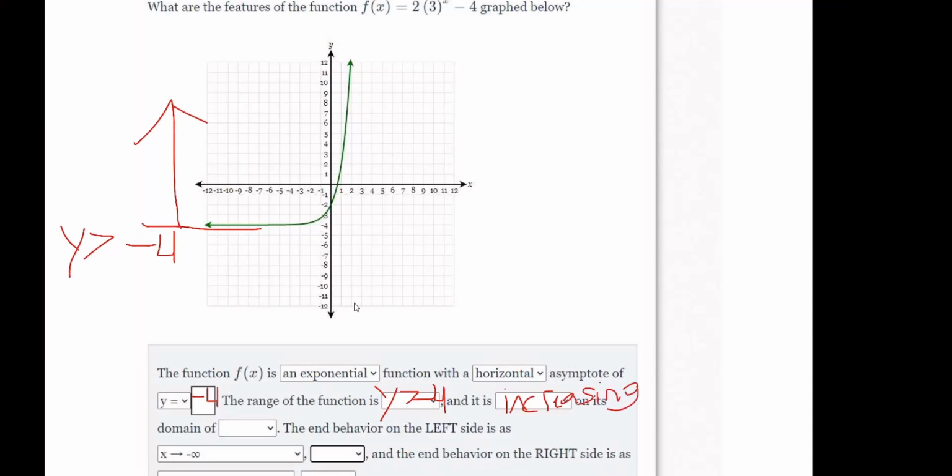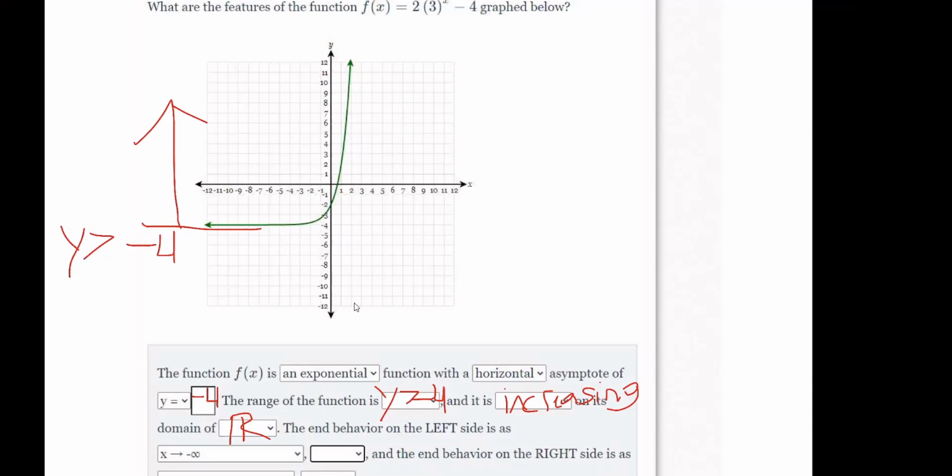And then they ask for the domain. I can't remember what the option is, it's a drop down, but your domain is all your x values. It would basically be all real numbers. I don't know if there's an option with all real numbers. It might be from -infinity to infinity. It might be a double inequality. I'd have to check what they put.